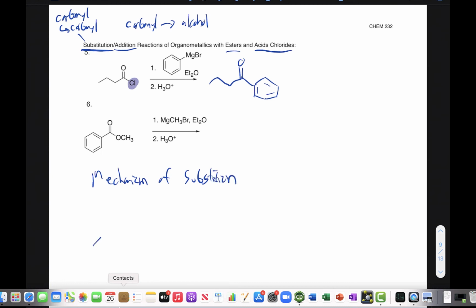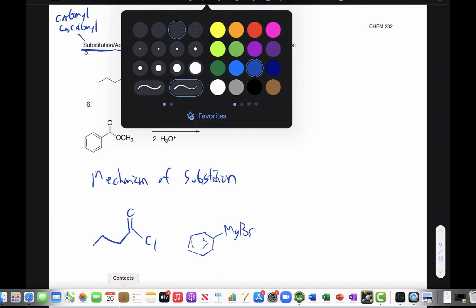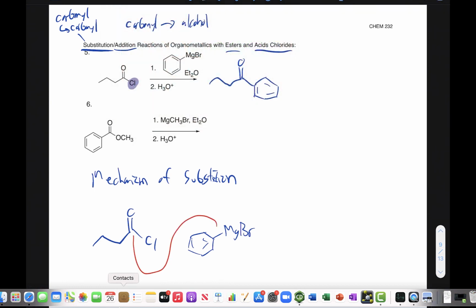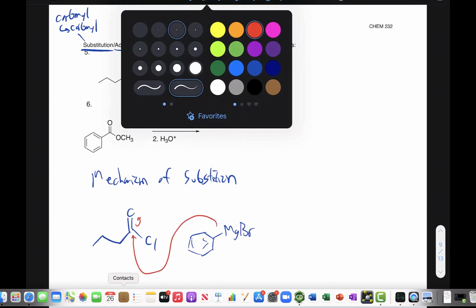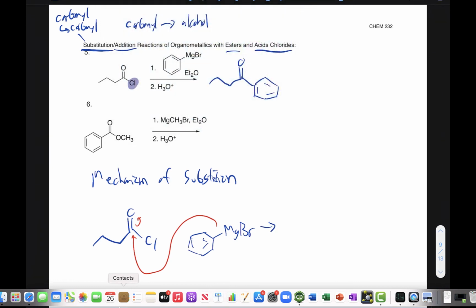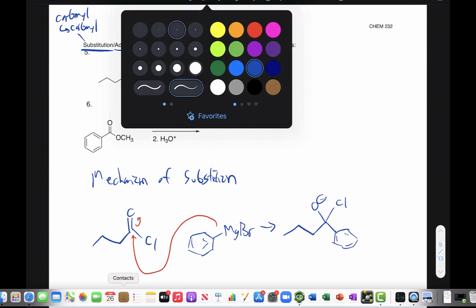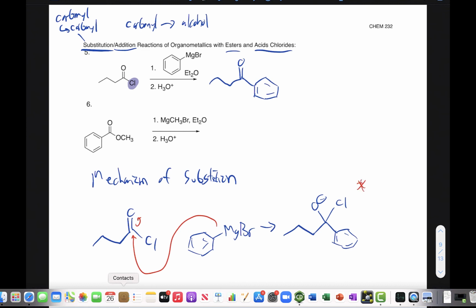Okay, so it looks like this, where we have our acid chloride and our phenyl magnesium bromide, and what's happening is the same as before with the addition reactions, but now we have this intermediate where we have a good leaving group. Chloride here is a good leaving group. Everything else on this molecule is not.